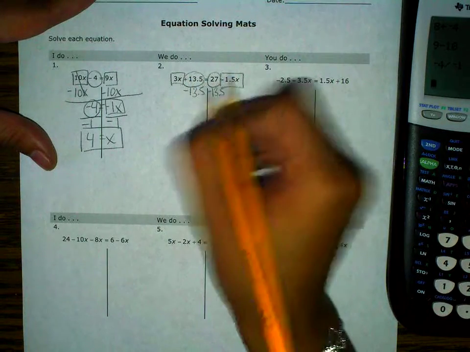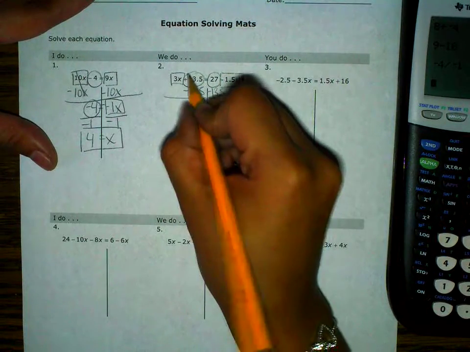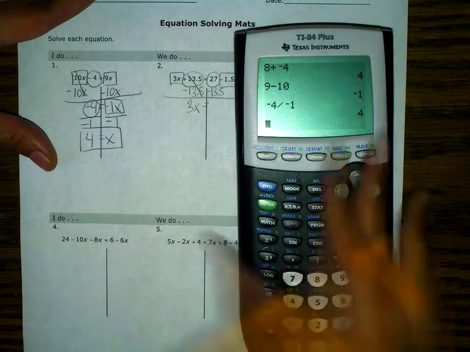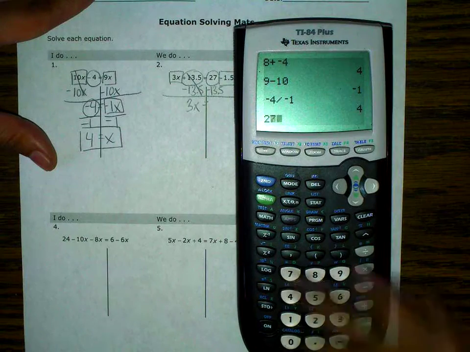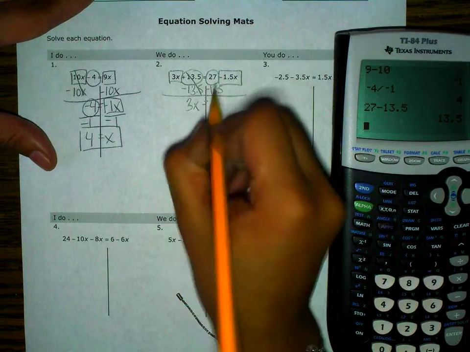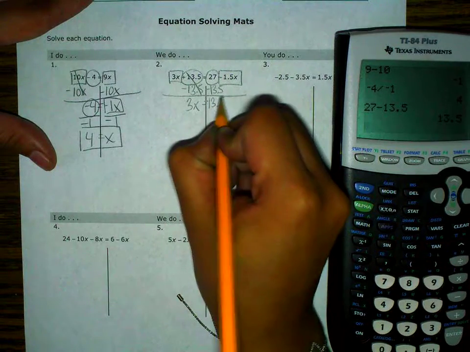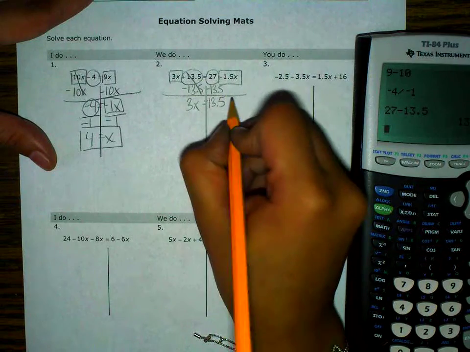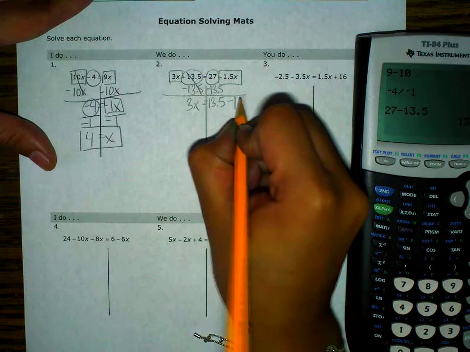I'm not going to touch the squares. So that goes away, leaving me 3x equal to, now I'm going to do that on the calculator, 27 minus 13.5, enter. I get 13.5, and there's still going to be this negative 1x remaining, so I'm going to bring that down.